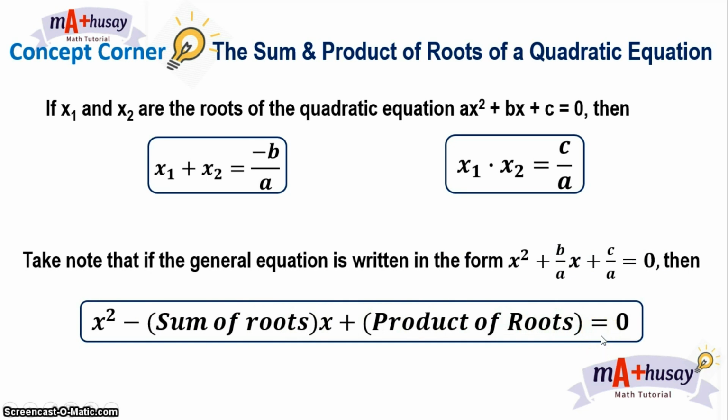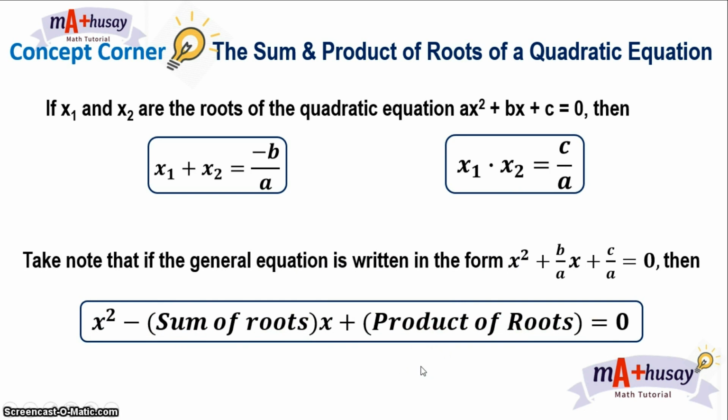So in this case, if the roots are given and you want to find the quadratic equation, you can just substitute the sum of the roots in the middle term and substitute the value of the product of the roots. So in this equation, x squared minus sum of the roots x plus the product of the roots equals 0.